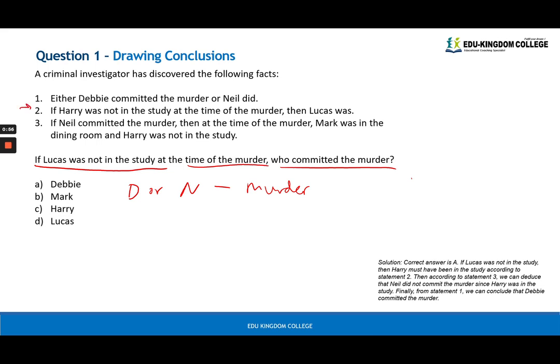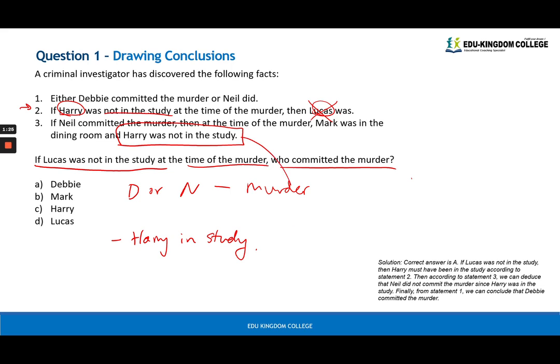If you look at statement 2, if Harry was not in the study, then Luke was. Luke is not in the study, so Harry must have been in the study. Now if you look at 3, if Neil committed the murder, then Mark was in the dining room and Harry was not in the study.